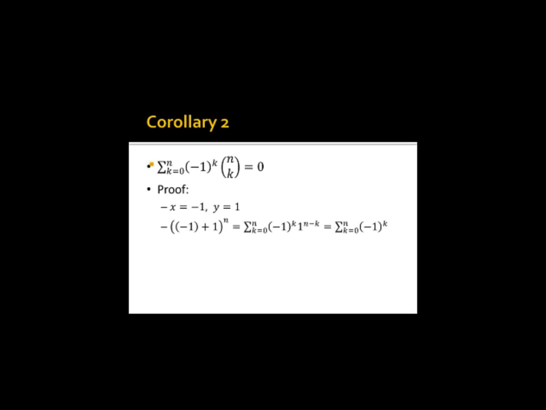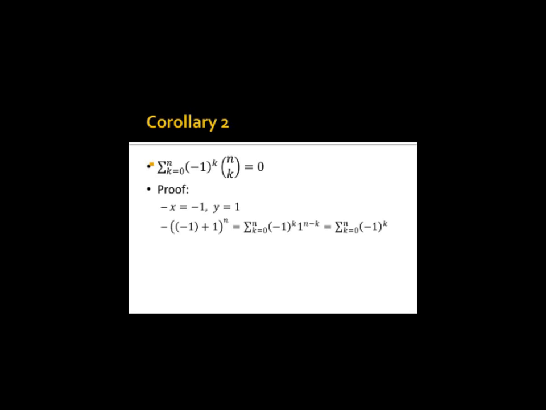So we're going to go over one of the corollaries to clarify and reinforce what binomial theorem and its binomial expansions look like. Corollary 2 states that the sum from k equals 0 to n of (-1)^k times n choose k equals 0.